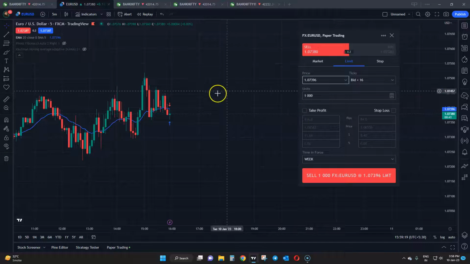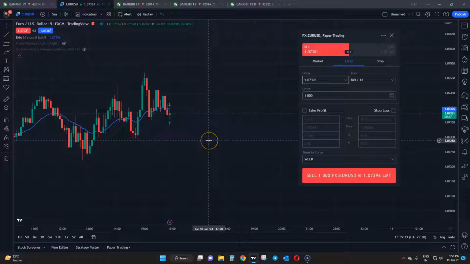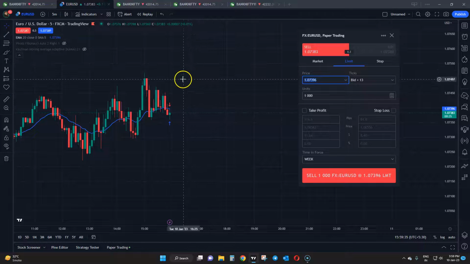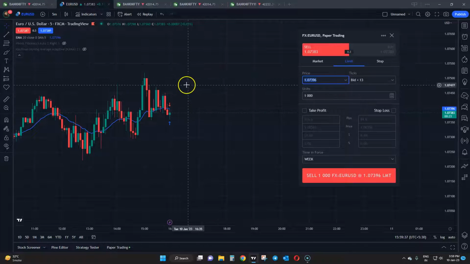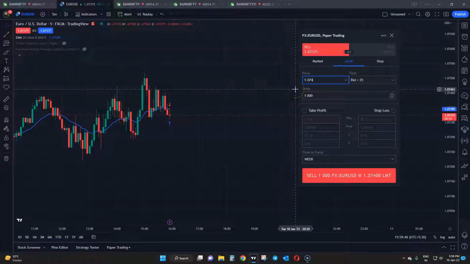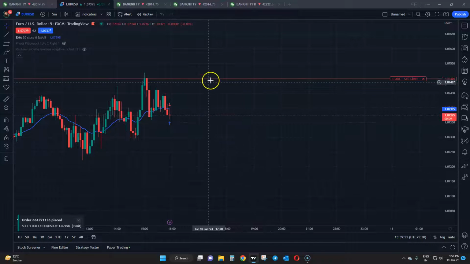You can only place an order, say the price is 1.0739, anything above 1.0739 can be a limit order. Say you want to sell when the price is above this price, then that is a limit sell order. So 1.07498. Now I placed a limit sell order here.